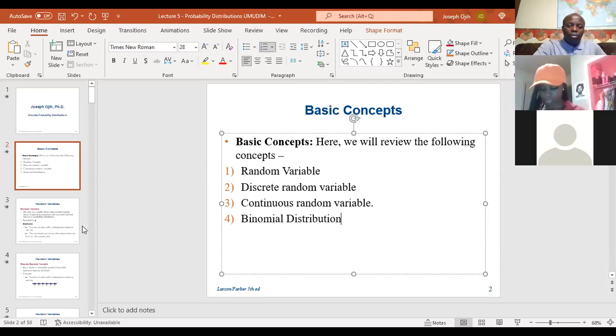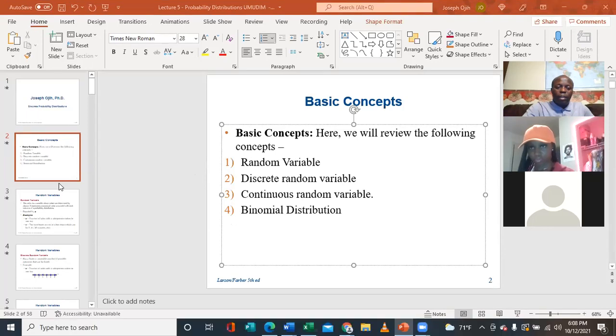So let us start with the first concept, which is random variable. I'm sure we have come across this before, at the beginning of the semester, when we described types of variables.